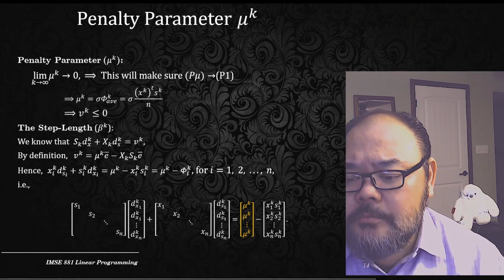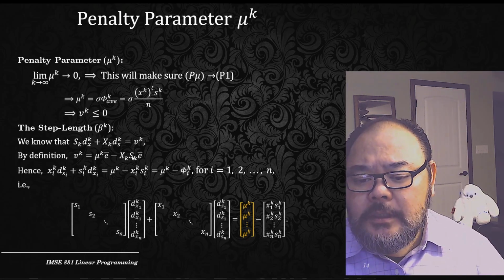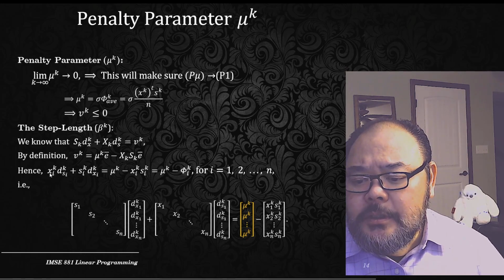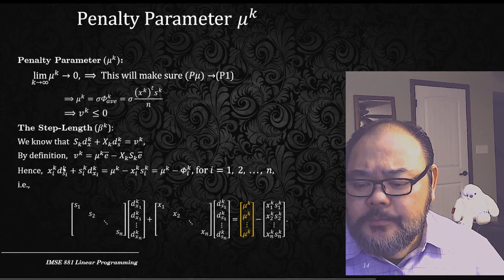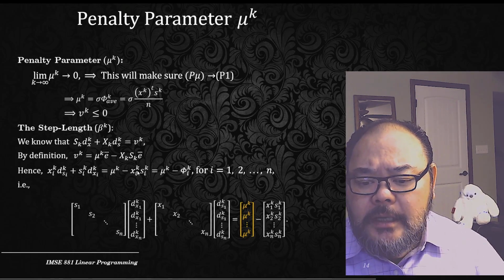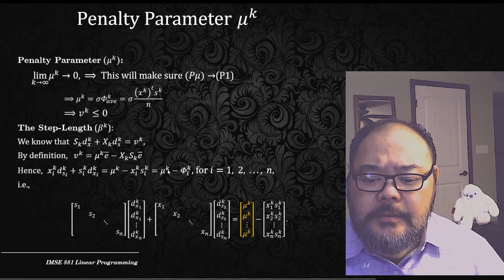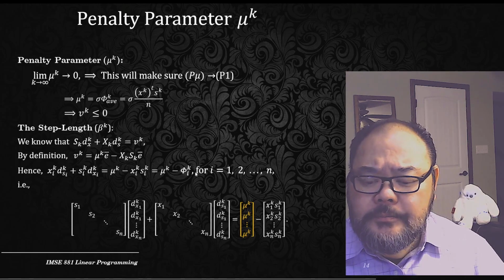So for each term, Sik times dxik plus Xik times dsik equals mu k minus phi ik.